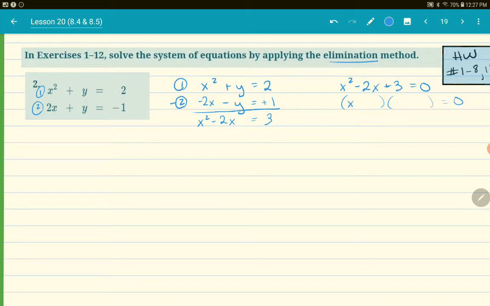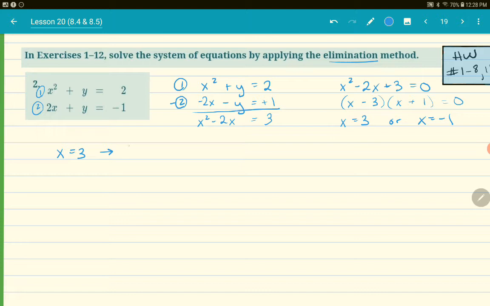to get x equals 3 or x equals negative 1. So I have two possibilities. So I have x equal to 3. If x equals 3, then what's y?